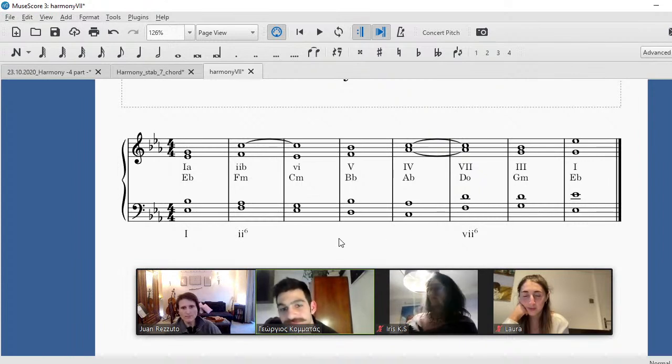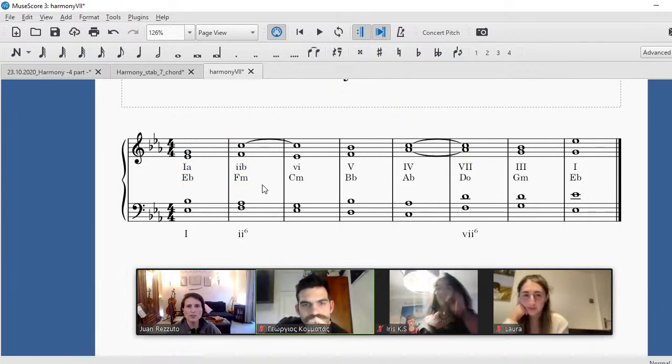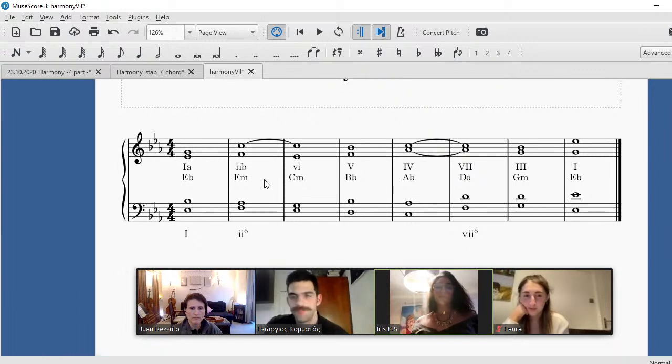Okay, fine. So now to finish, everyone will have to say something. From the first to the second chord, which movement of roots do we have? Is it ascending, descending, or overskipping? A movement of the root, you said, right?